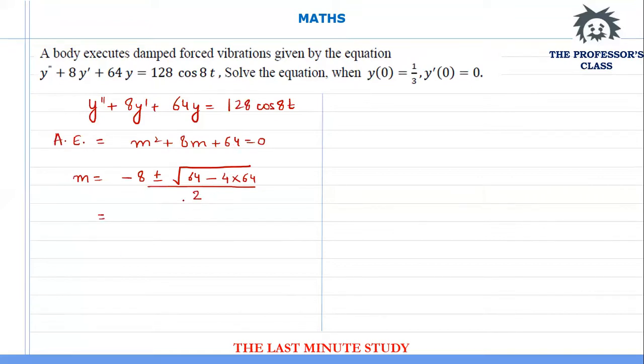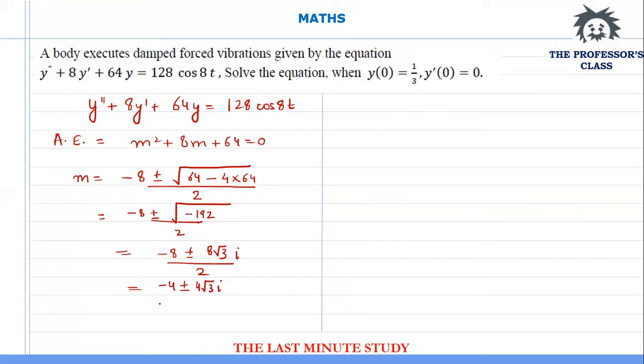This on solving becomes minus 8 plus or minus under root 64 minus 256, that is minus 192, by 2. So this will be minus 8 plus or minus 8 root 3 i by 2, or minus 4 plus or minus 4 root 3 i.